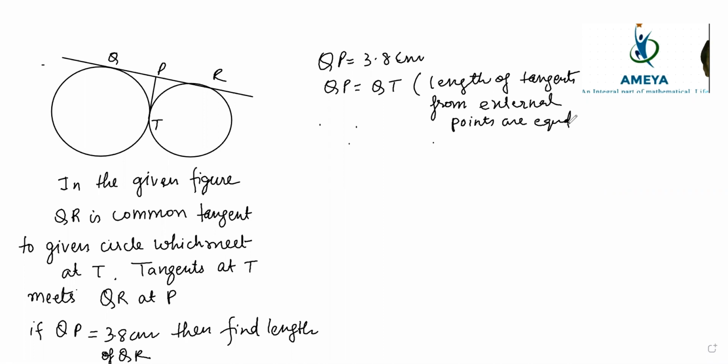So beta, if this is external point, then this length QP is equal to QT. Okay, so this length will be equal.